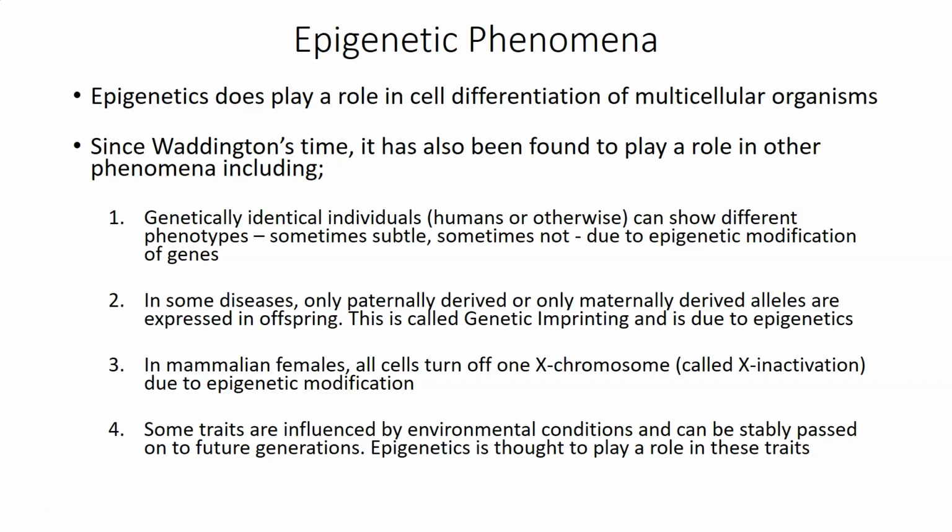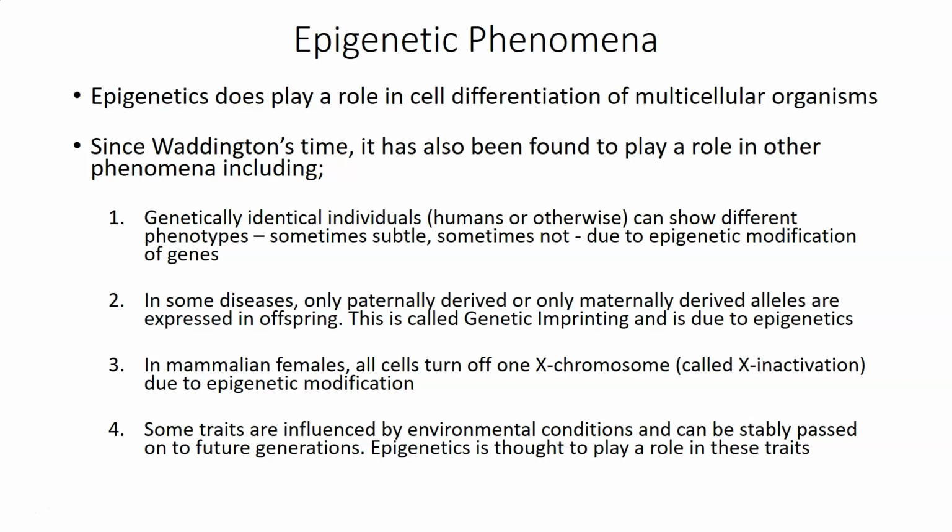One is if you have genetically identical individuals, such as identical twins, or other genetically identical individuals produced, for example in plants, by asexual reproduction. You can oftentimes tell the difference between those individuals. Think of identical twins. They appear differently, or they may have distinguishing characteristics. Even though they're genetically identical, why are they different and distinguishable? Epigenetic modifications play a role in that.